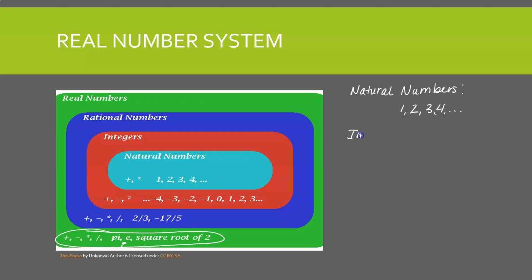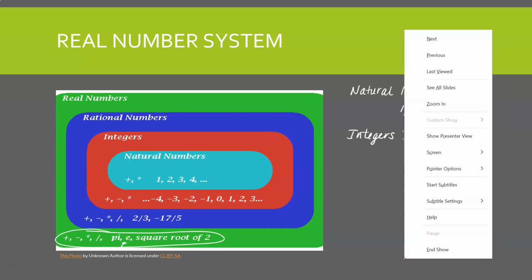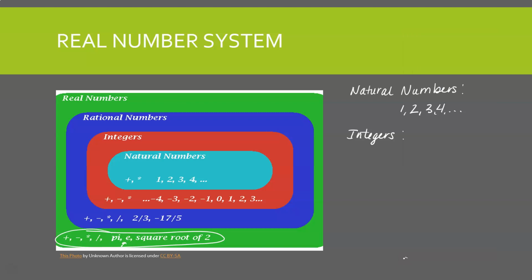Next, we're going to take a look at integers. Oh, sorry. Did I skip one? Hold on. There's one that's not in here. Let me go back to this. Let me get my eraser.